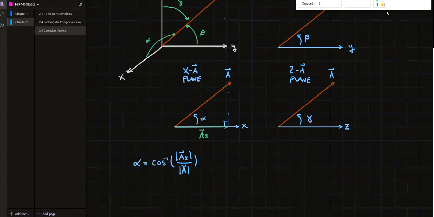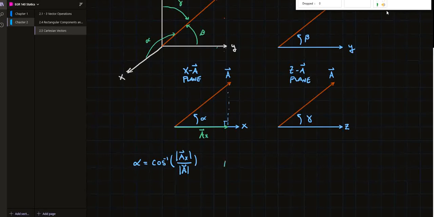So it's the x component of A, and of course this is A. So the magnitude of this divided by the magnitude of this equals cosine alpha. So alpha equals the inverse cosine of the magnitude of Ax over A.